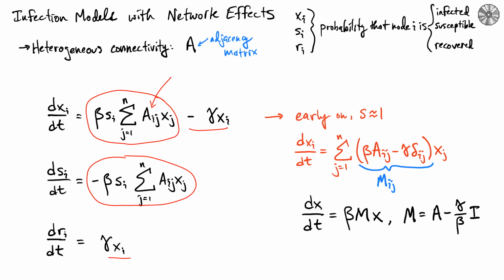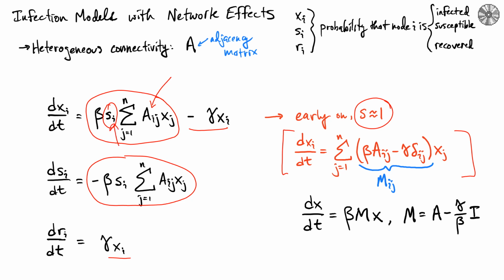If we look specifically at the time when most of the nodes are susceptible, that means this si is in general close to 1. So we'll take a version of this infection dynamics and present it without this s term, assuming that si is close to 1. That allows us to get rid of this term that's related to i here.